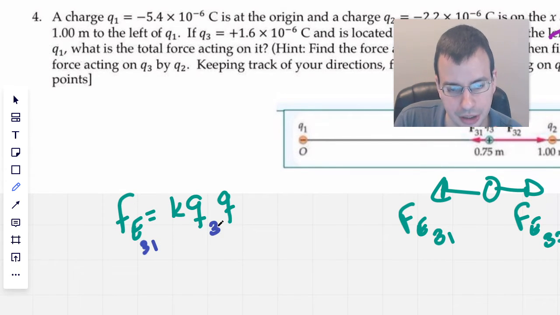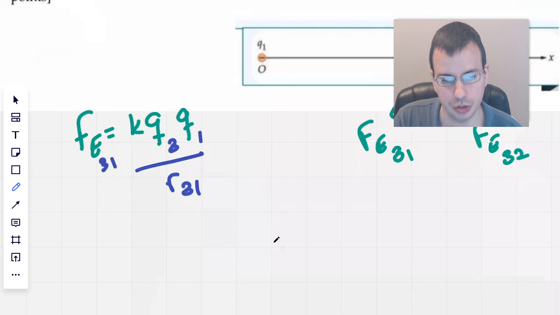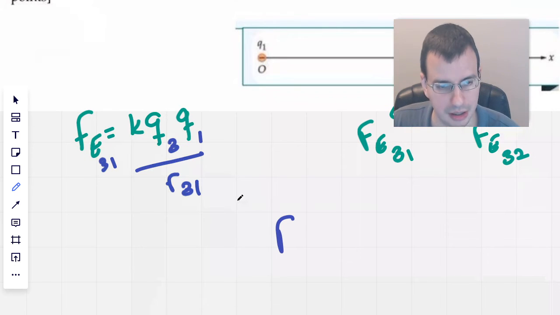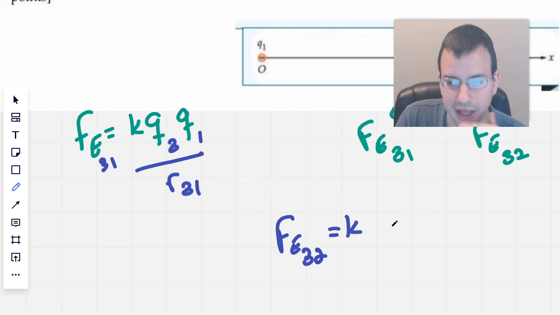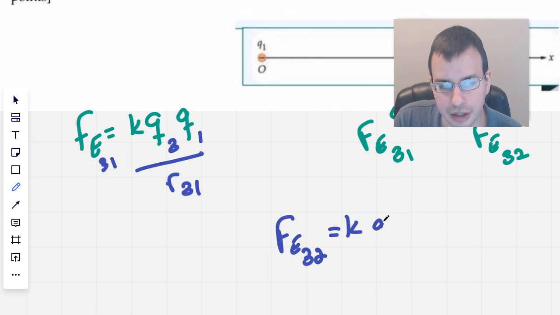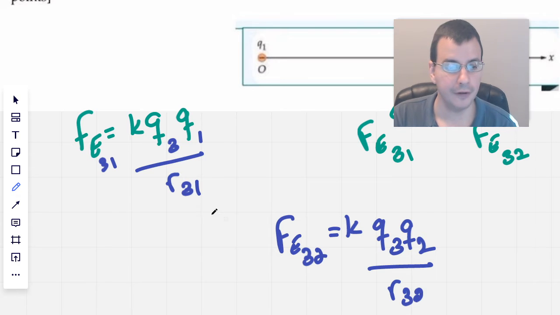And so this will be Q3, Q1, and then this will be the distance R 3,1. Okay, and then I'm going to do the same thing. Can I copy paste that? I could, I'm not going to though. Force electric 3,2 equals K, which is Coulomb's constant, Q3, Q2 all over R 3,2.